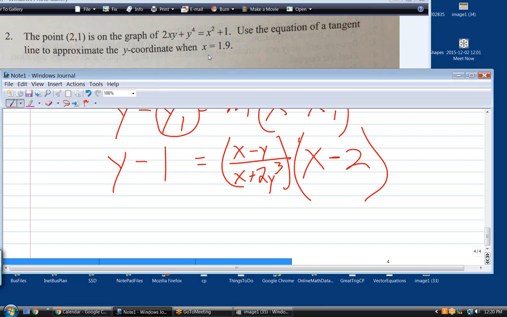Linear approximation, 235. I think I'm missing a step. Yeah, using the tangent line approximation. Let's go back a moment here. What we get, to use the tangent line approximation, you do this.